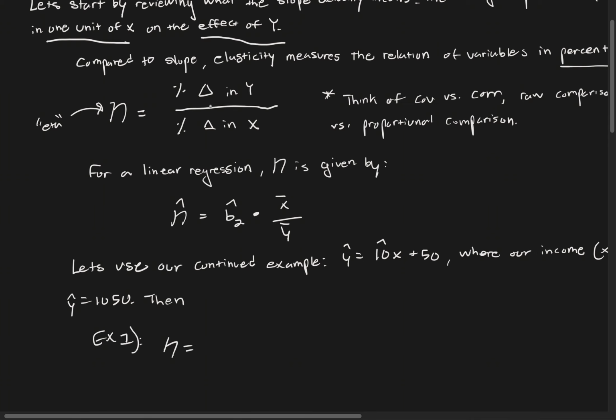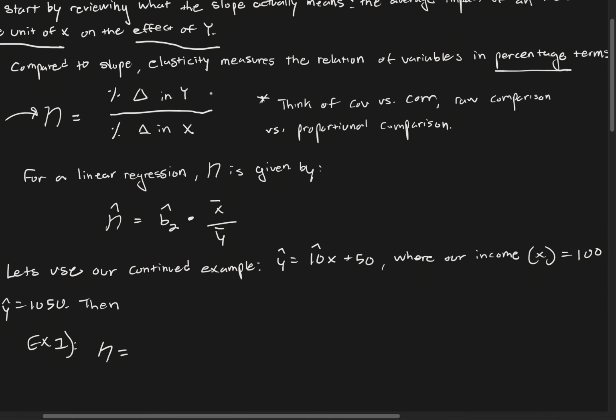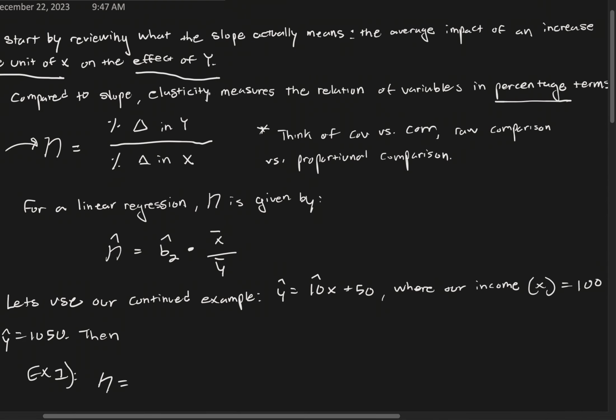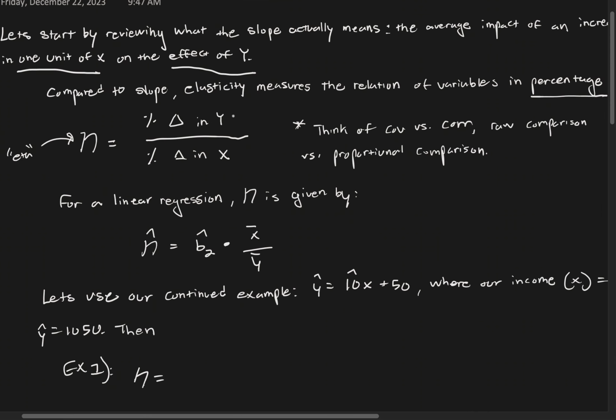And so an easy way to remember this is think of the raw change in covariance or raw measurement of covariance versus the proportional change in correlation. I think that helps. We can think of slope as a raw change versus an elasticity kind of as a proportional change.